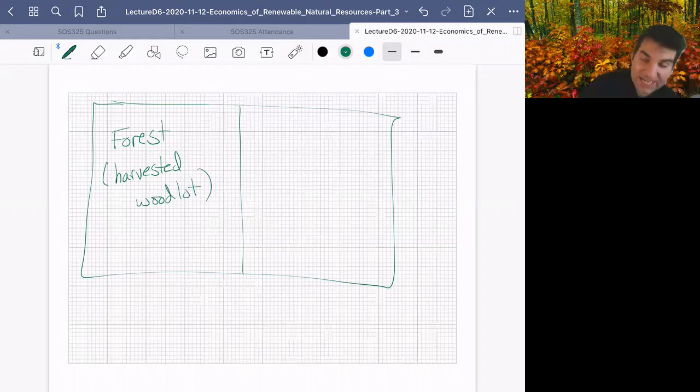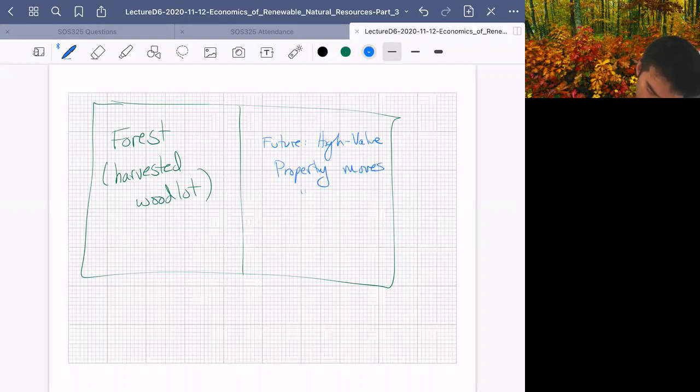If next door to the forest, suddenly a high value property moves in to an otherwise empty, nearby area, I'll say.